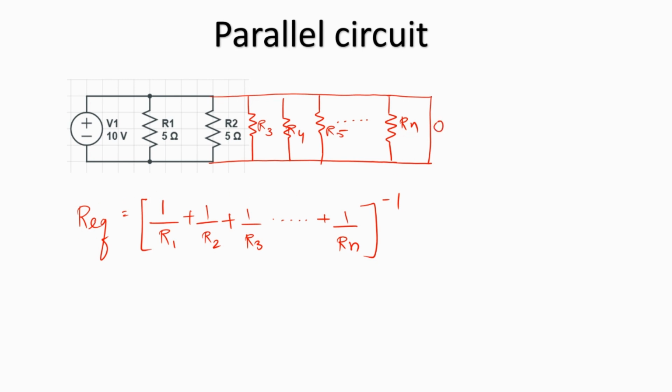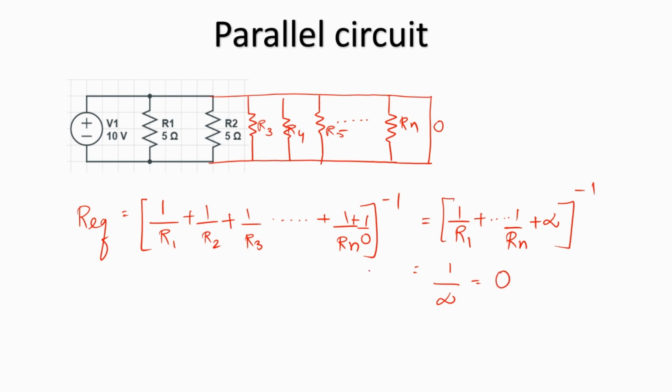So by including that also in this formula, it would be 1 by 0. 1 by 0 is nothing but infinity, and there is an inverse over here. So I'm going to get 1 by R1 plus so on up to 1 by Rn plus infinity, the whole inverse. So that would be 1 by infinity, which is nothing but 0.